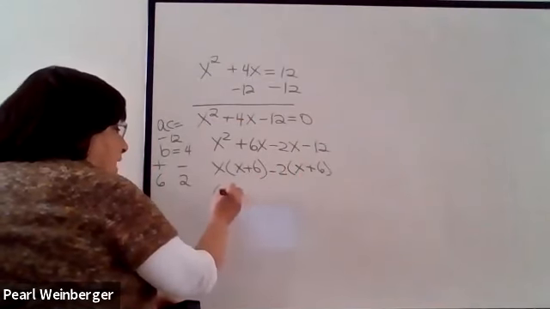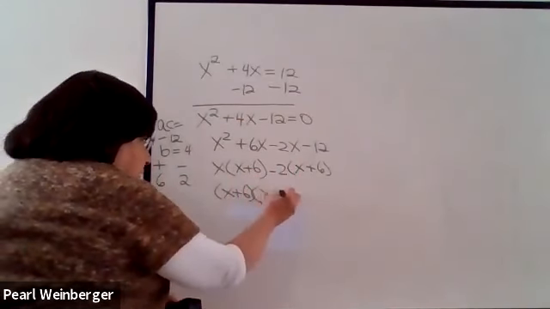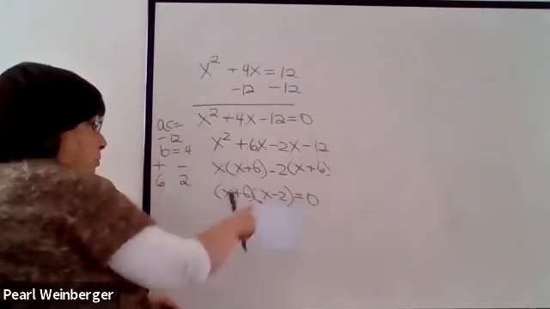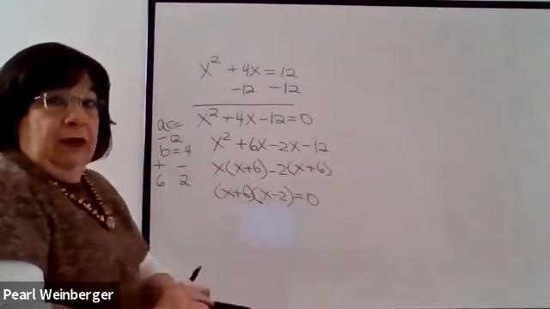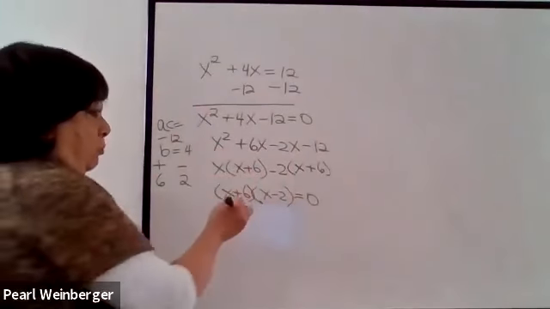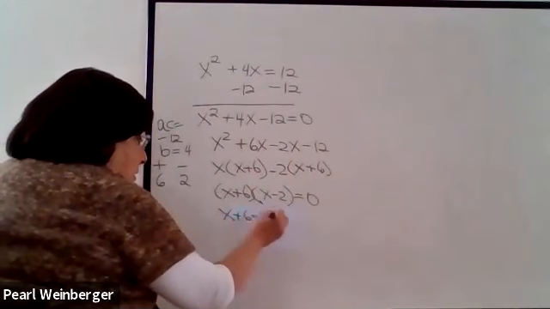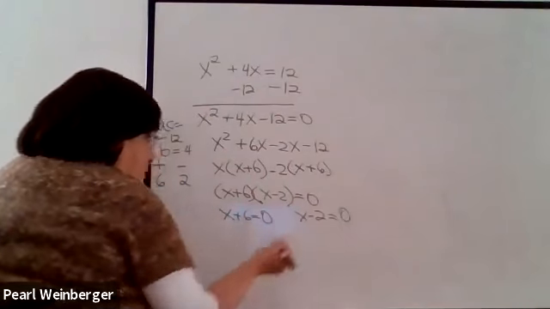So finally factored gives me x plus 6 times x minus 2. So I factored the trinomial to x plus 6 and x minus 2. And I remember, since this is a quadratic equation, I then separated to x plus 6 equal to 0 and x minus 2 equaling 0.